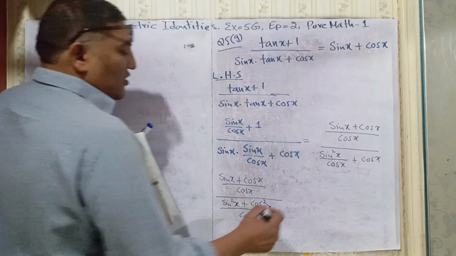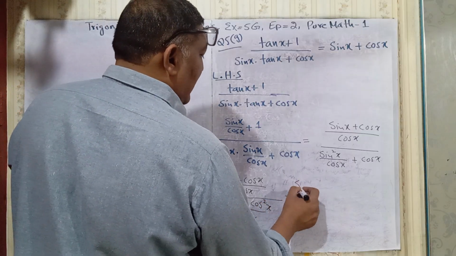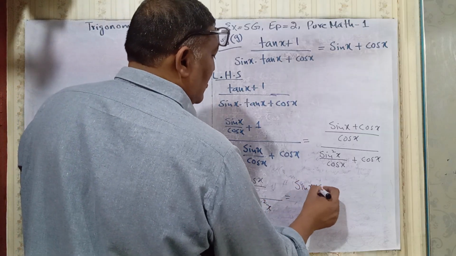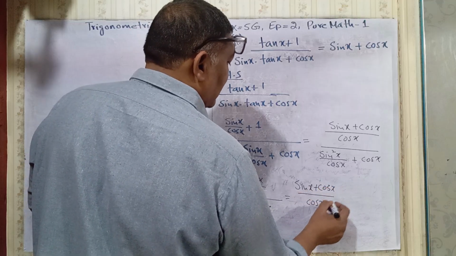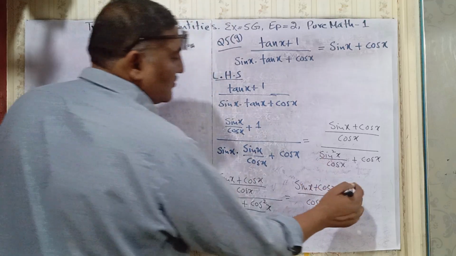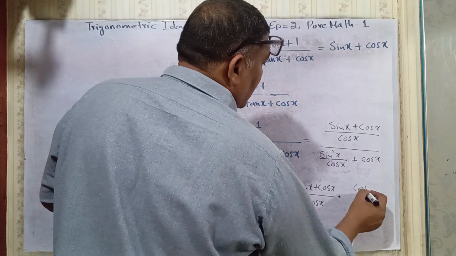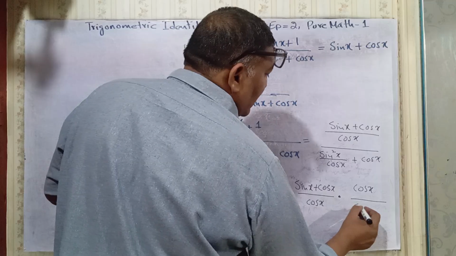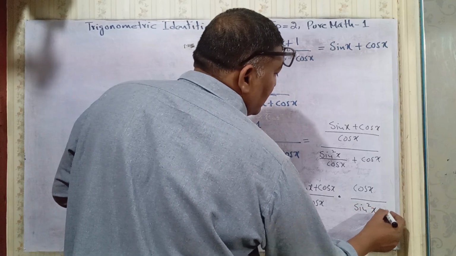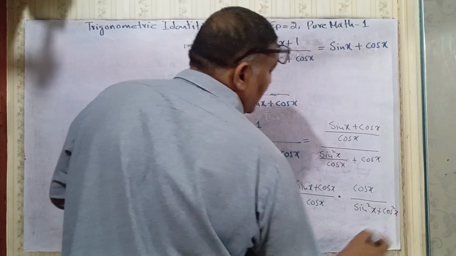You can write it like this: (sine x plus cos x) divided by cos x. When you bring this upstairs, this will become cos x divided by sine square x plus cos square x. Let me write it once so you can understand what I am doing.